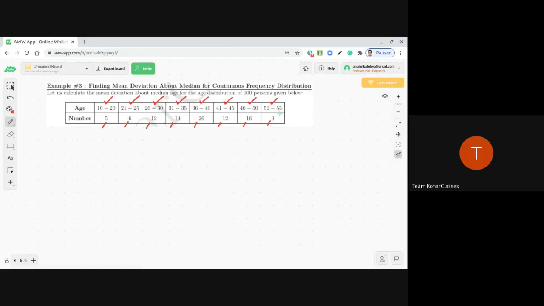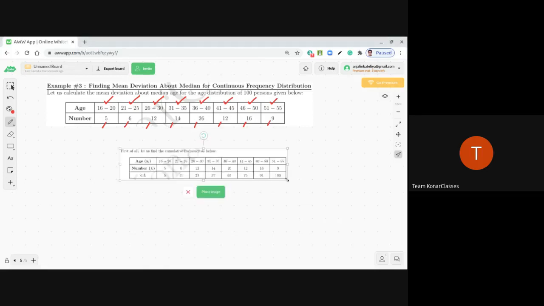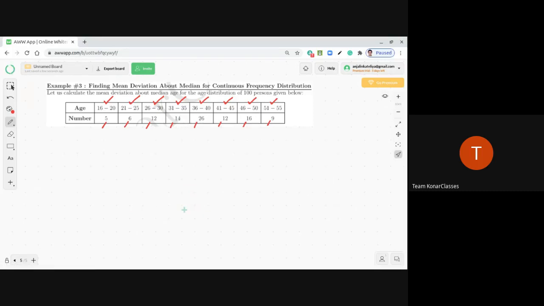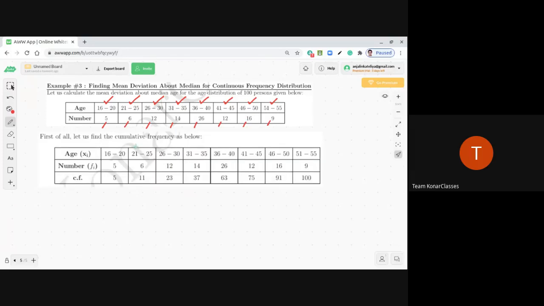is 9. Now, first of all, let us find the cumulative frequency as below. All of you are aware of finding the cumulative frequencies, but still I'm iterating once more.